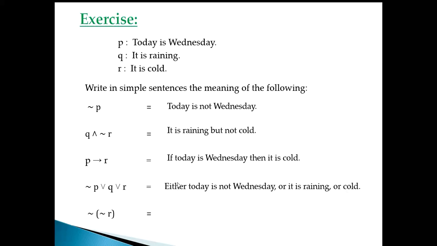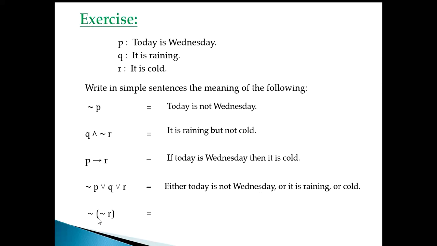So you have to use the either here, right? Because otherwise, if you write today is not Wednesday or it is raining or cold, this is an ambiguous English statement, right? So you have to write either today is not Wednesday or it is raining or cold.